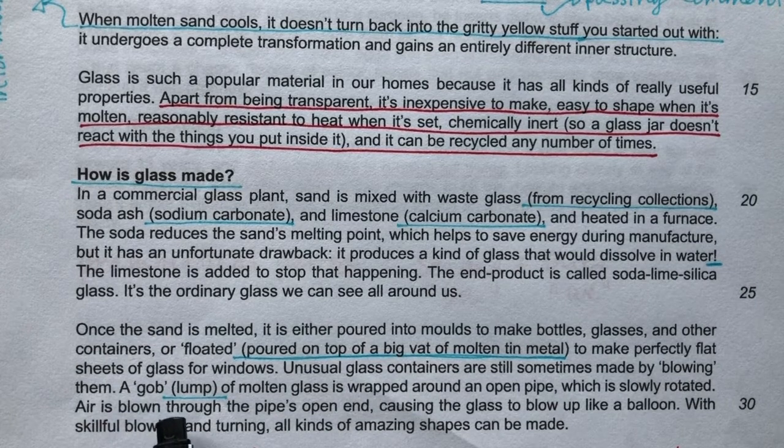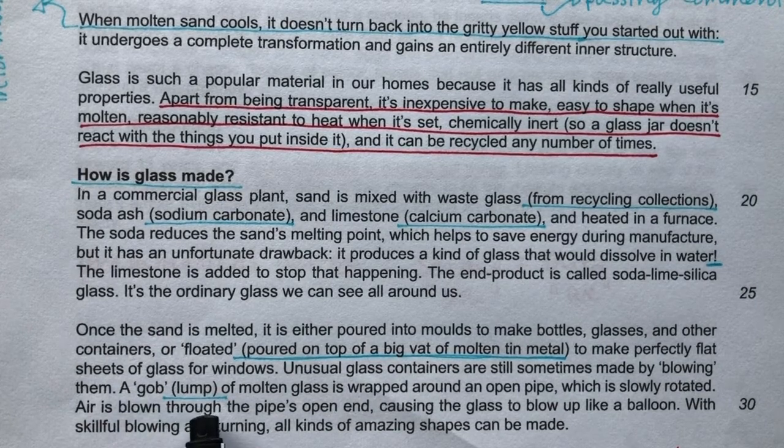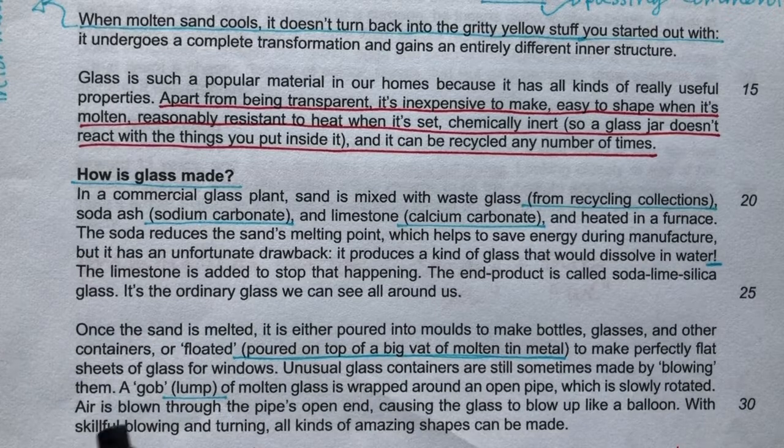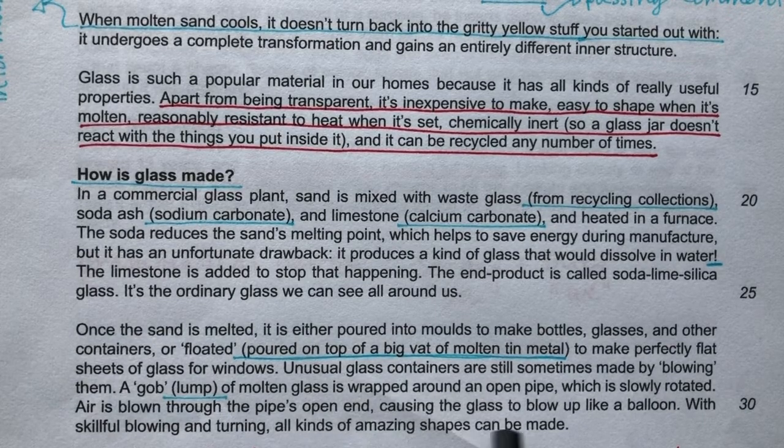A lump of molten glass is wrapped around in an open pipe which is slowly rotated. Air is blown through the pipe's open end, causing the glass to blow up like a balloon. With skillful blowing and turning, all kinds of amazing shapes can be made.